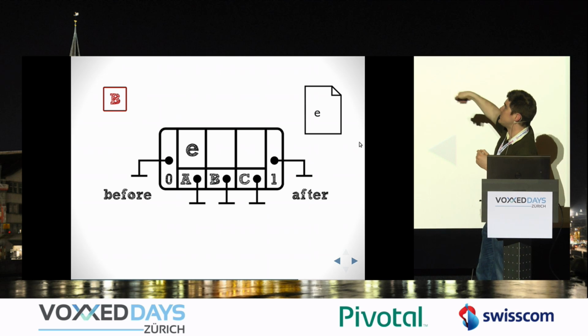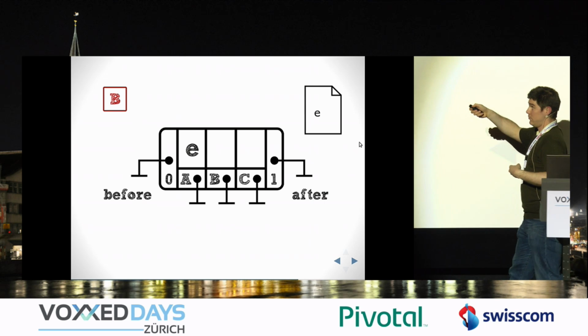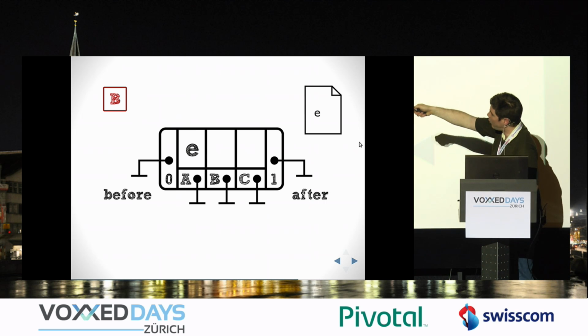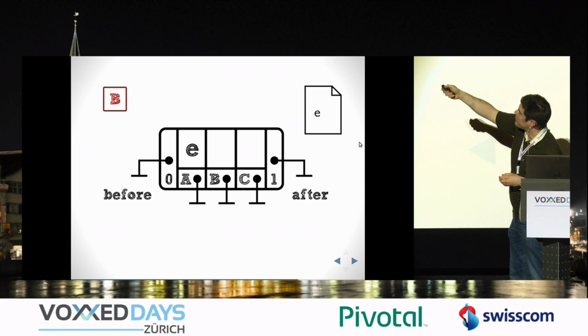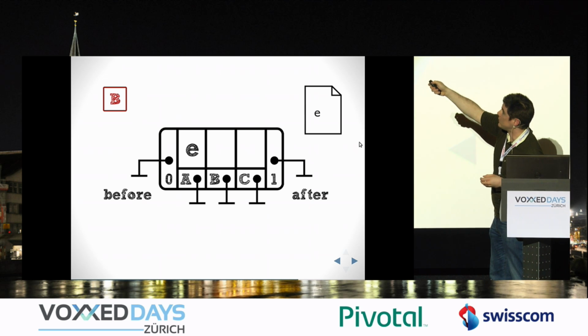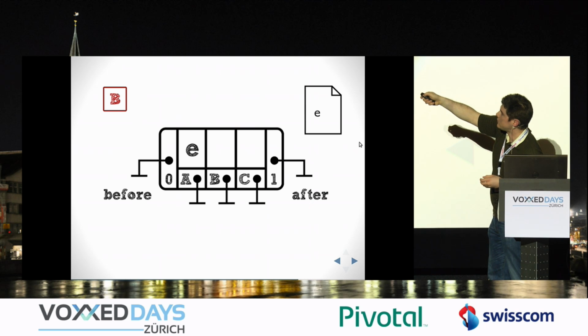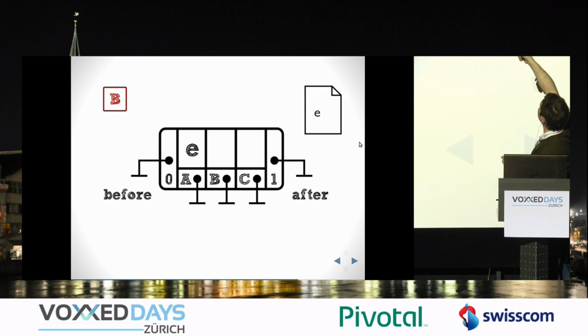And after is the same thing. It's all the elements which come after the elements in this node. And then it has some additional pointers whose value we'll see in a second. And it has some slots. And these slots are currently empty. And this slot here contains the value E. And you can see that the current state of the document just contains E.